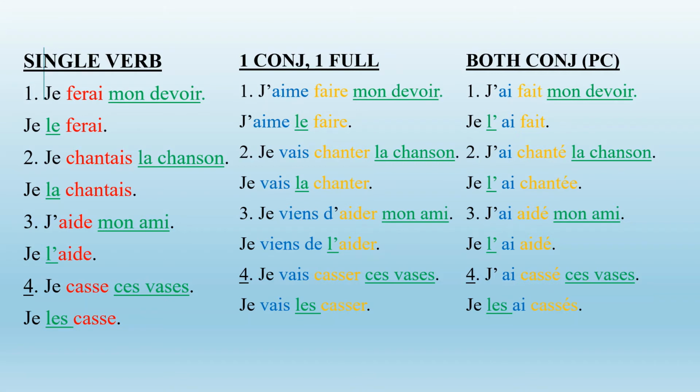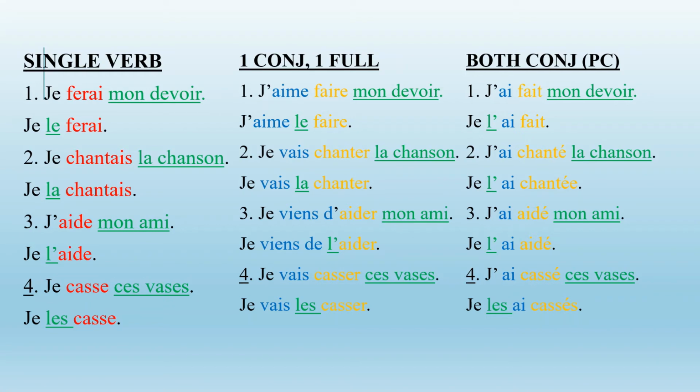Now in the case of the passé composé, when both the verbs are conjugated, you have to put the direct object pronoun before the auxiliary. So when it's one conjugated, one infinitive, it goes before the infinitive verb. When it is passé composé, it goes before the auxiliary. Therefore, le has to become l apostrophe because it clashes with the a.